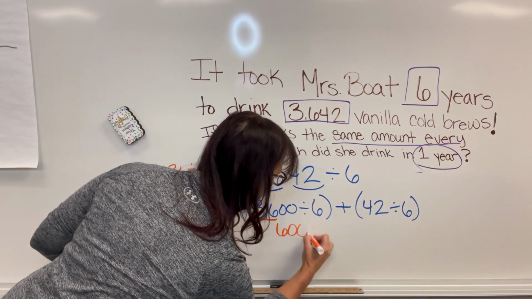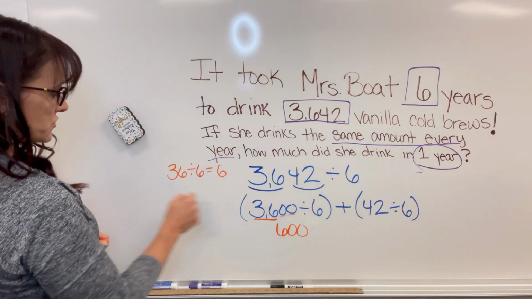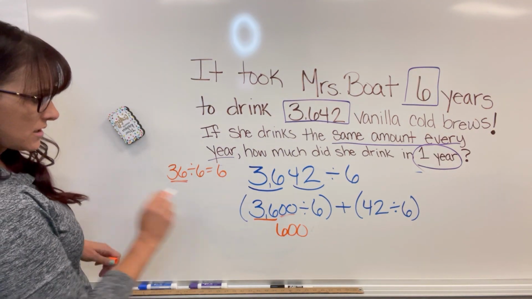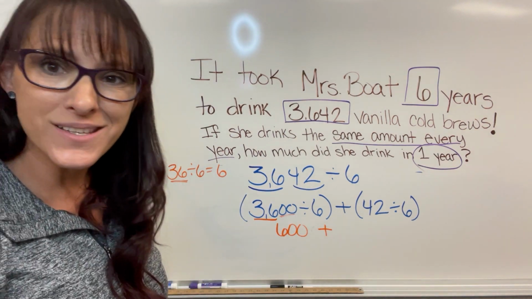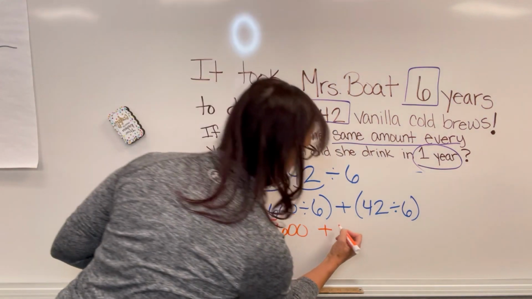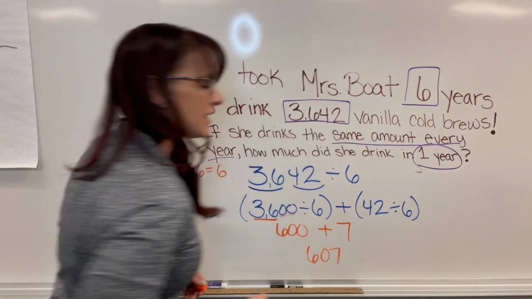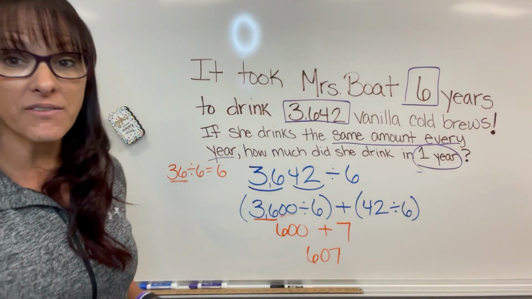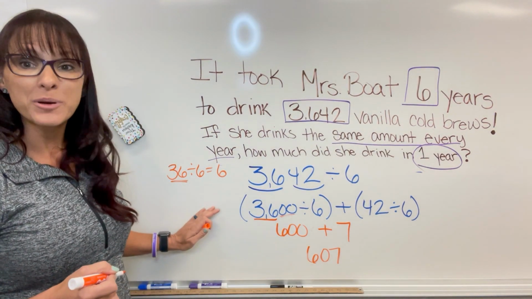Because I've moved over these two place values. So I'm doing 100 times more than this. Okay, I'm going to add that to my 42 divided by 6, which I already showed during direct modeling. It's going to be 7, okay? So add those together, 607. If you do not have this down, this is going by place value.